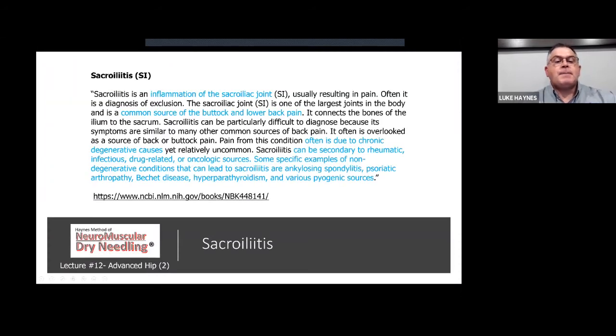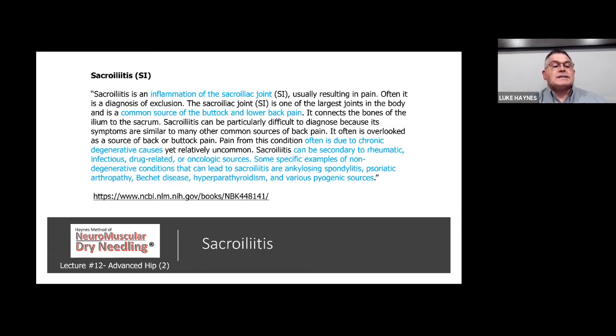All right, sacroiliitis. It's just an inflammation of the sacroiliac joint, and it's a common source of buttock and lower back pain. It's often due to chronic degenerative causes, and it can be secondary to rheumatic, infectious, drug-related, or oncological issues. Some specific examples of non-degenerative conditions would be ankylosing spondylitis, psoriatic arthropathy, Gaucher disease, hyperthyroidism, hyperparathyroidism, and various pyogenic sources.